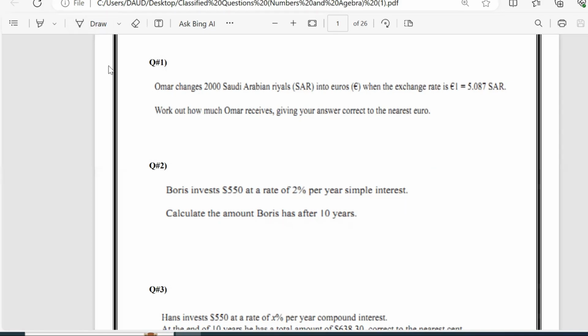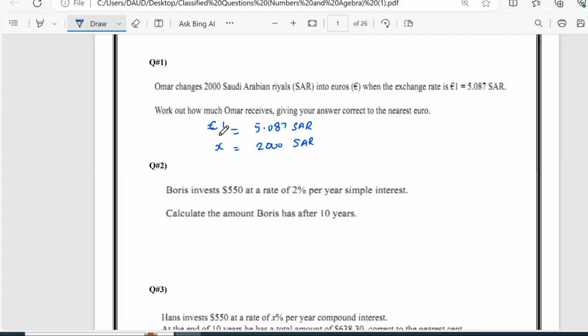So we can say that here the information given is 1 euro equal 5.087 SAR, and we are looking for the answer of 2000 SAR into euro.